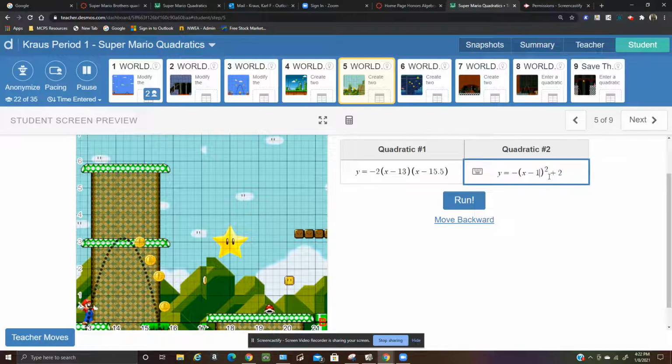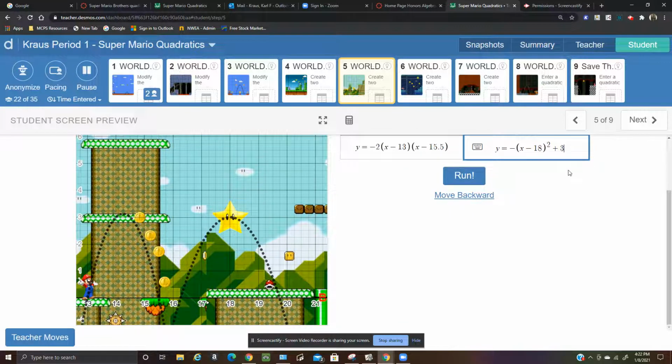So trying to change this to 18.3. And so I need to make this wider, so maybe not. Maybe Mario won't fall down this crack. Let's see what happens here.